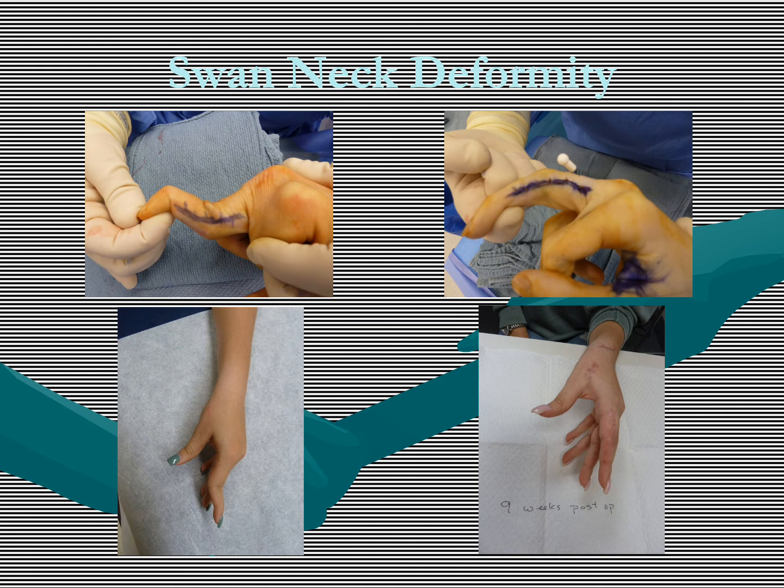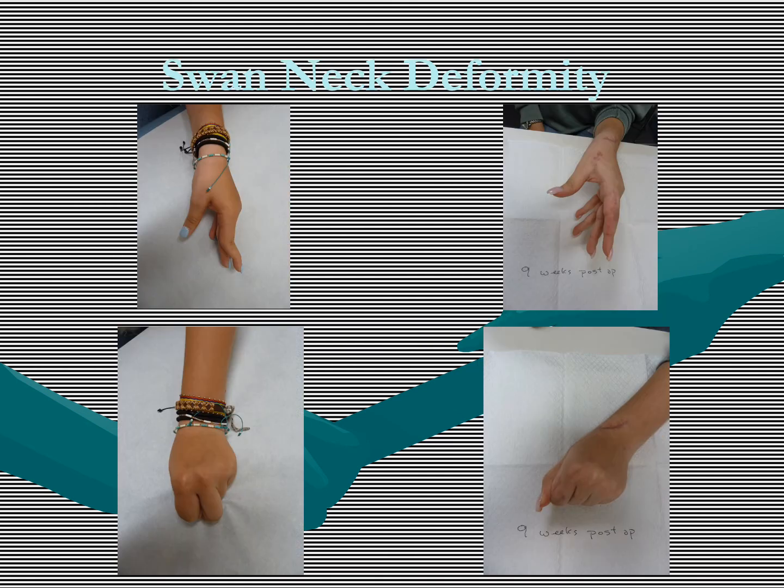And you may be concerned, if you pin these small joints for 3 weeks, will you end up with fingers that are stiff in extension? Well, here she is preoperatively on the left, able to make a full fist, and at 9 weeks post-op, she can extend the fingers well and can also still flex them well.